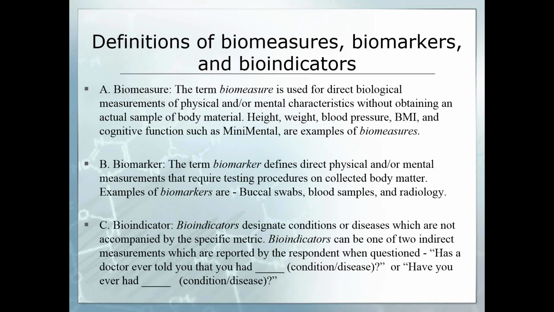Bioindicators designate conditions or diseases that are not accompanied by a specific metric. Bioindicators can usually be summarized in one or two indirect measures, which are reported by the respondents when they're questioned. Has a doctor ever told you you have a condition or disease? Or have you ever had a condition or disease are the most common examples of a bioindicator.